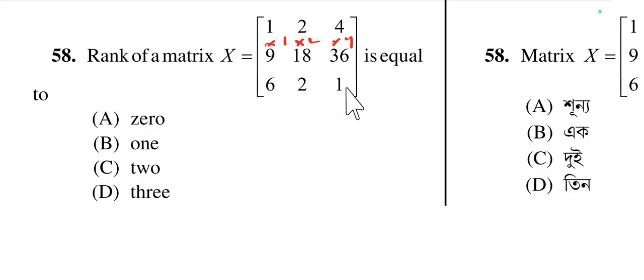Then check the remaining row. The third row is 6, 2, 1. It doesn't appear to be a multiple of the first or second row. It is not related to the first or second row.